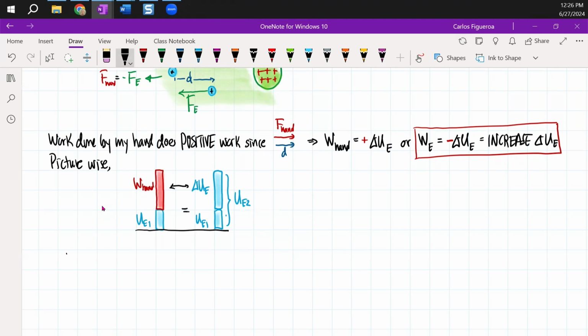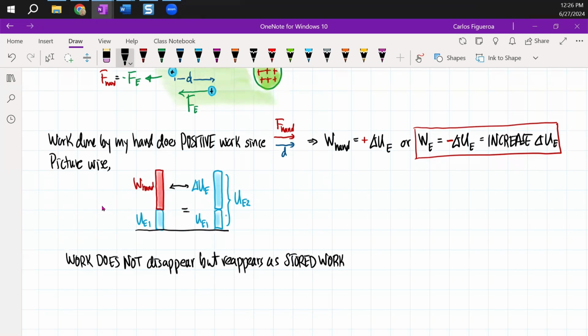Once again, work does not disappear, but reappears as stored work. And in this case, we mean that we've stored it in terms of electrical potential energy.